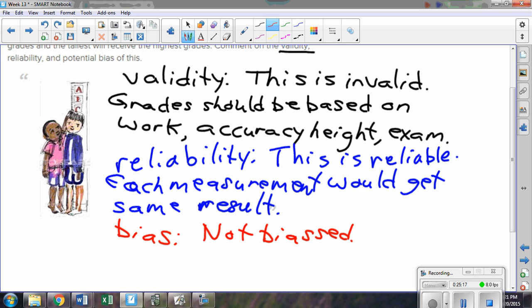Now, is there a bias here? A bias would be if you have a different system for different people. For instance, if I were to say boys get better grades than girls, I'm trying to think of a good way of phrasing this, so let me pause for a second.